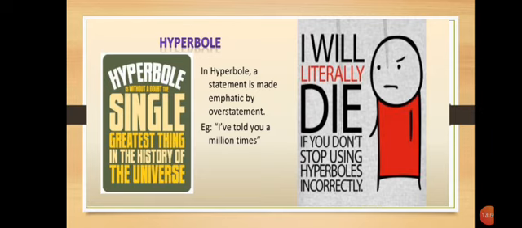Your teacher must be using this sentence every day, that I have told you a million times, I have told you 100 times. No teacher has told anybody anything 100 times or a million times, but we say this. Why? Because this is just a way to say things. It is a literary device.